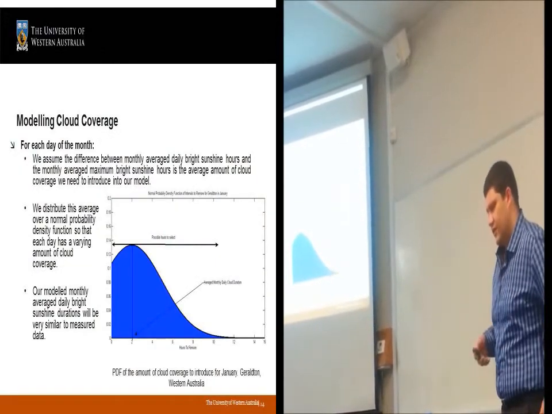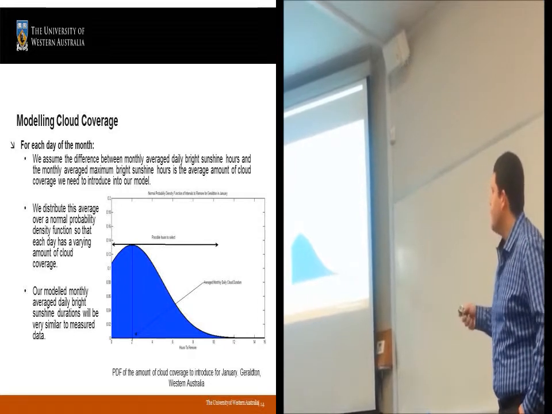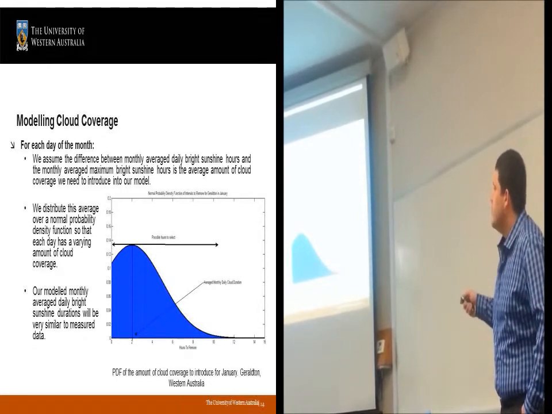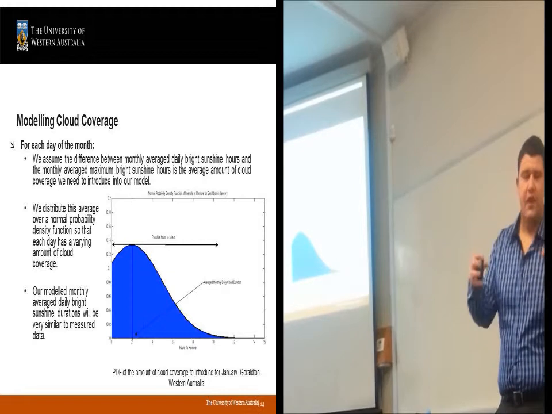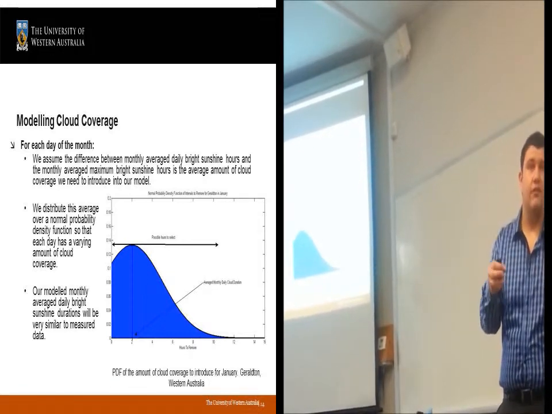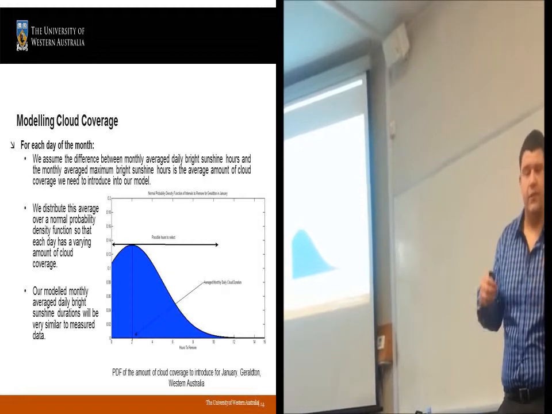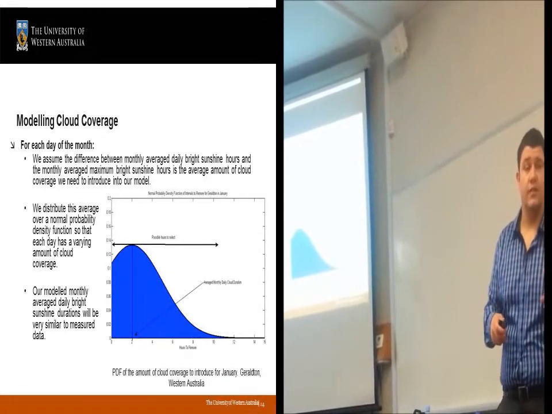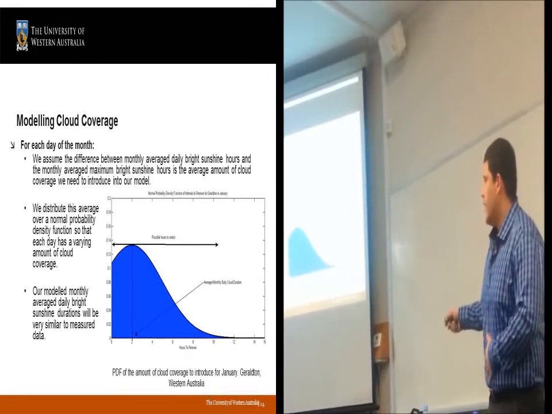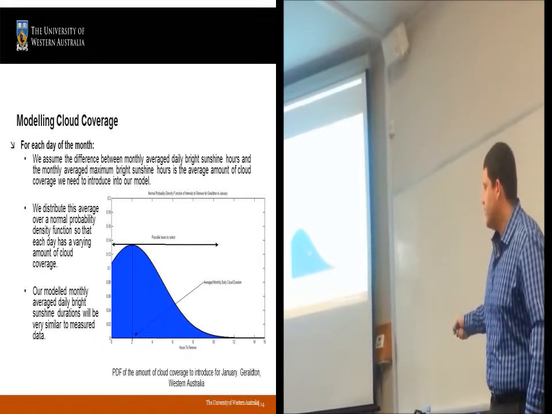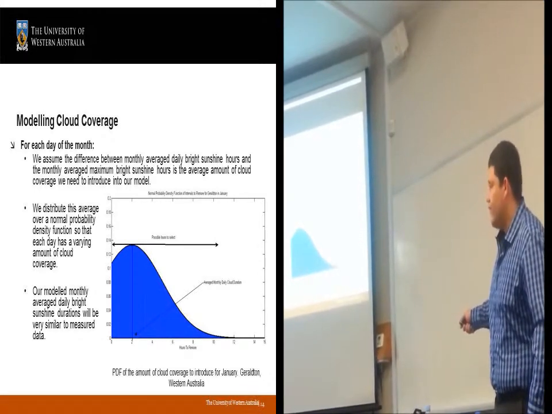So this is something that we implemented. What we do is we have the data sample of average monthly bright sunshine hours. We take that away from the calculated theoretical maximum sunshine hours. We create a normal probability density function with that value as the average.